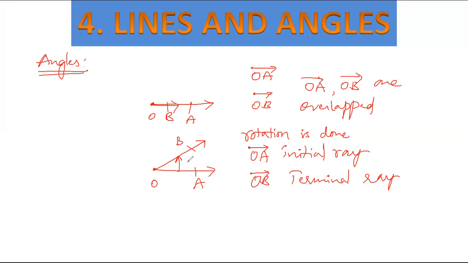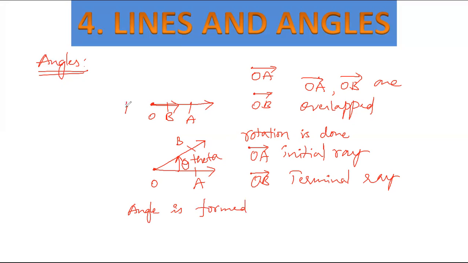And this arrow mark, let us say this is theta. So between the two rays, initial ray and terminal ray, we will say angle is formed.